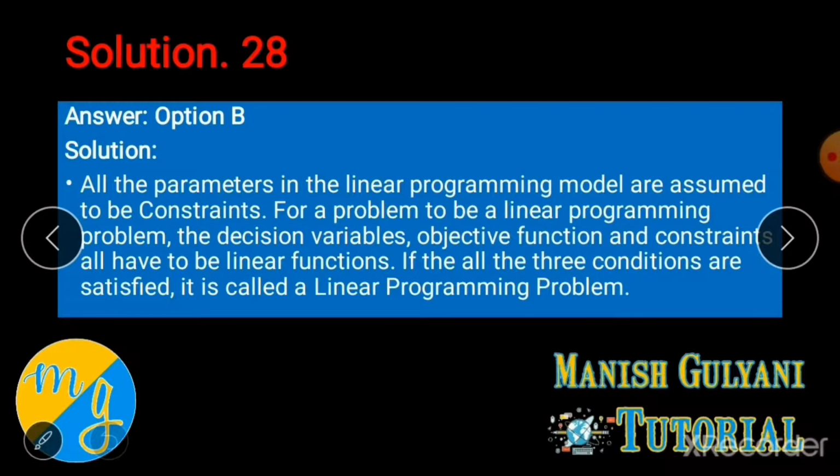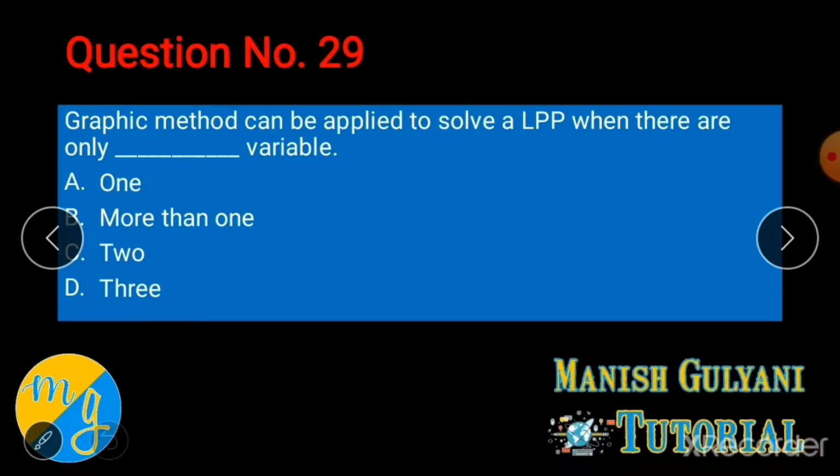All the parameters in linear programming are assumed to be constraints. For a problem to be a linear programming problem, the decision variable, objective function, and constraint all have to be linear functions. Means if you want to increase your profit, you have to increase the value of your constraint. You have to increase the level of your resources. So answer is variable.